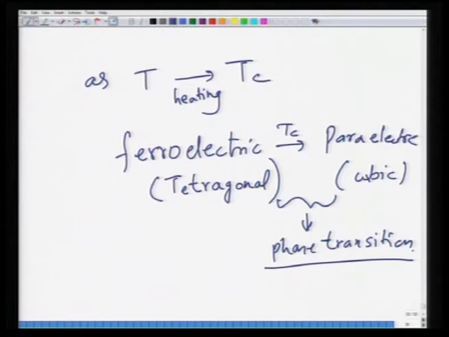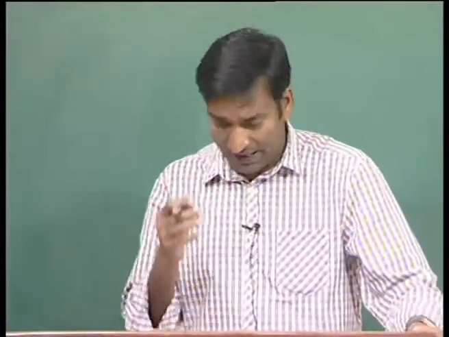So, this corresponds to phase transition, and ferroelectricity in materials is often explained in terms of phase transition as well, and this phase transition could be either of first order or of second order. Now, what is first order and what is second order, that we will look at in a while, but depending upon the nature of this transition you can categorize ferroelectrics into two of these categories, and for this we will take help of what is called Landau theory.